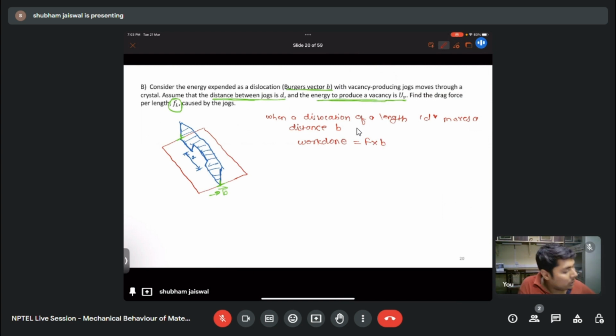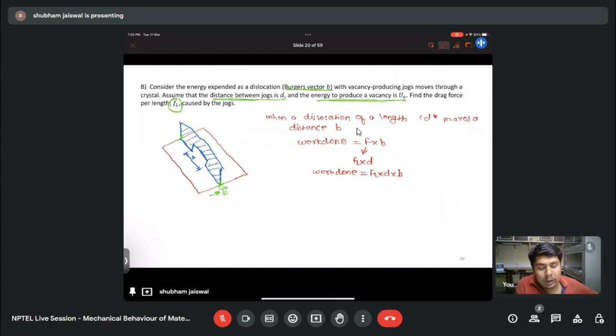Okay. So here what they have given, the force is per unit length. So for the length d, the force will be FL into d. So work done will be FL into d into b. So this is the work done.